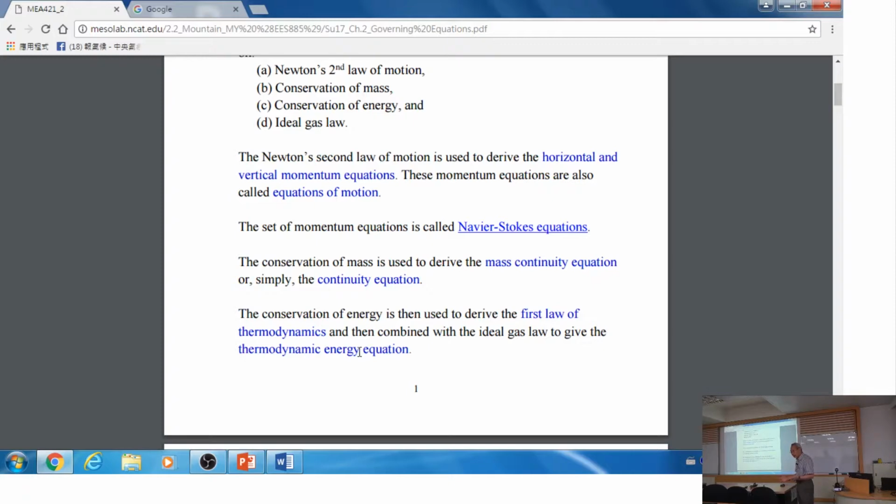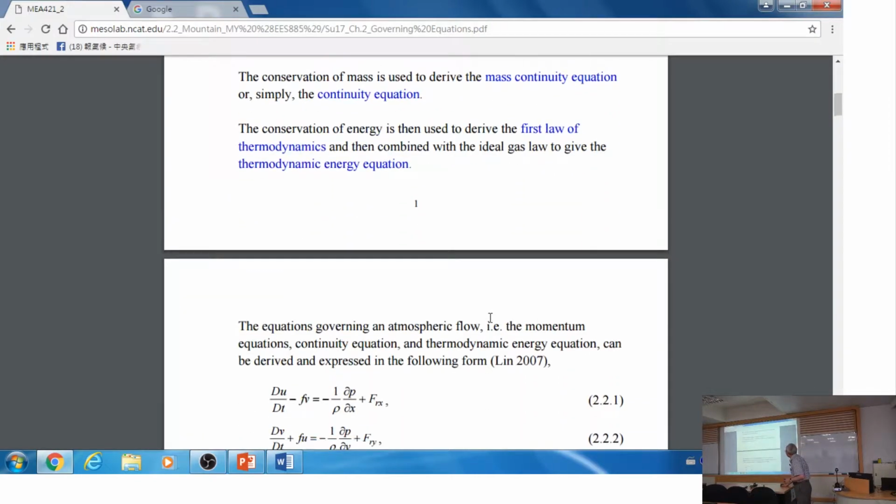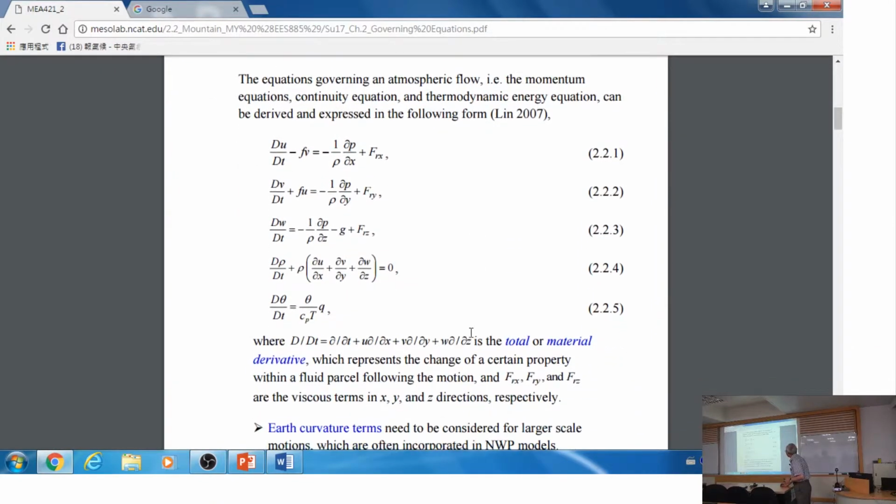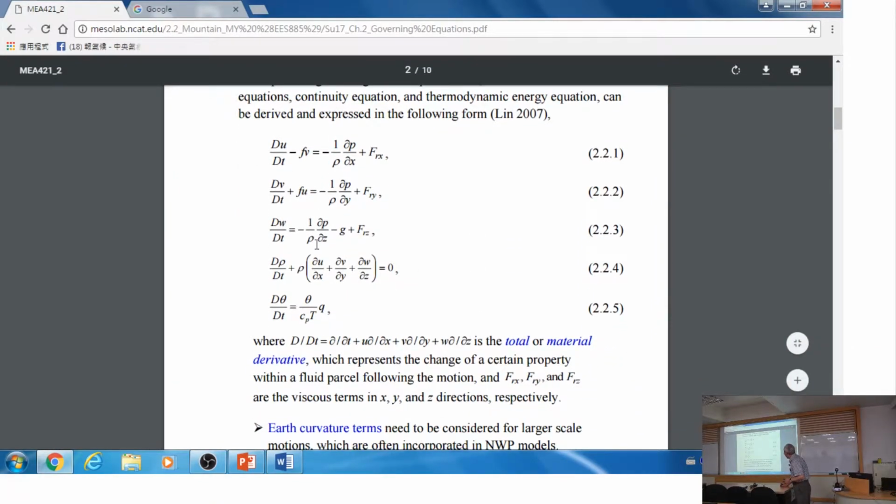So we have three momentum equations in x, y, z directions, remember du/dt, dv/dt, dw/dt, and then the continuity equation, and then the energy equation. So that's five equations. If we write them out, we have the momentum equations, the continuity equation, and the thermodynamic equation.